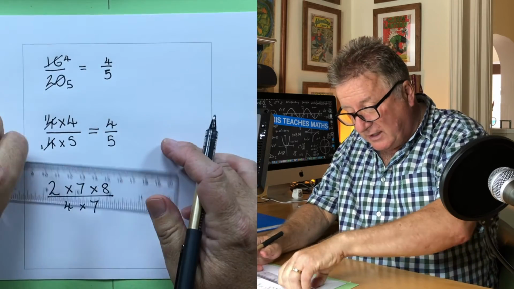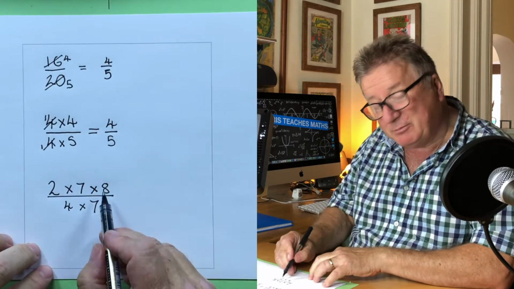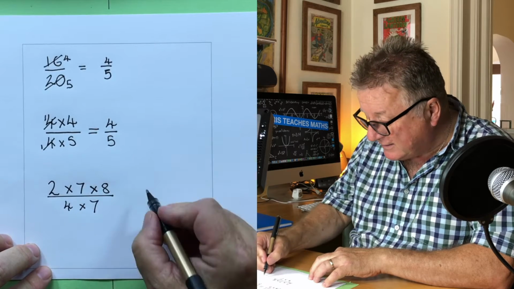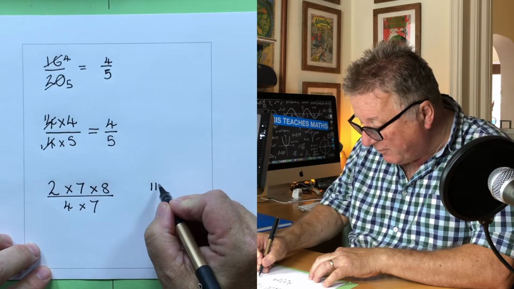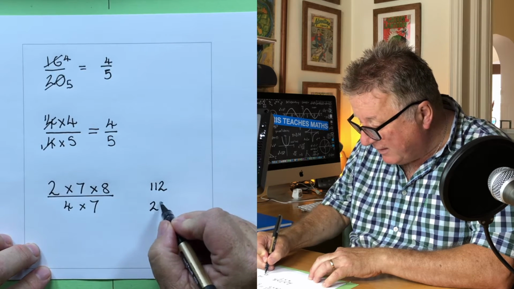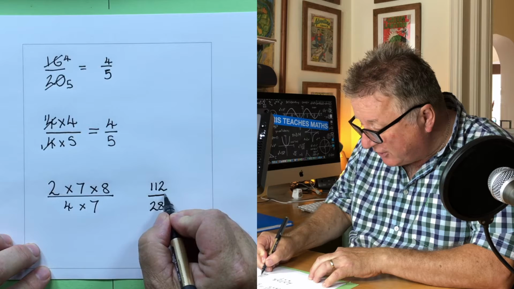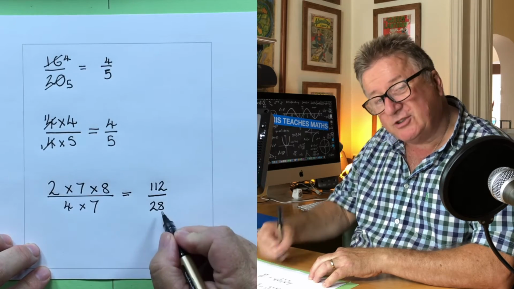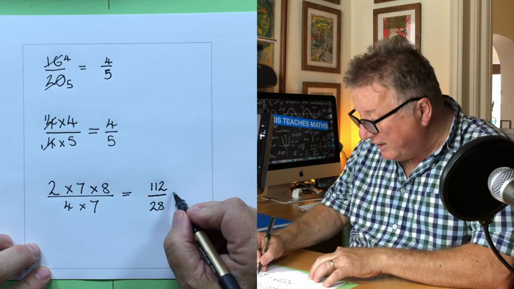Well, let's do that. You could do 8 times 7, 56, double that, 112. 4 7s are 28. And then you could divide through. How many times does 28 go into 112? It's 4. But I would argue not straightforward.